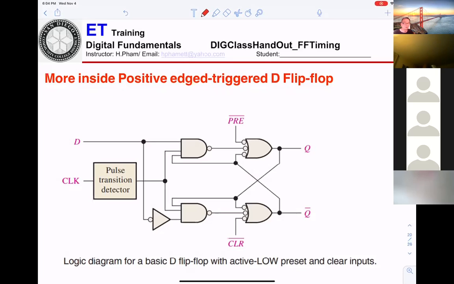But this is the circuitry inside. Okay? If you get a chance, then you can look into that. However, we don't have to. And really, we don't need to see what's inside the D. The only thing is you know how the D flip-flop works.